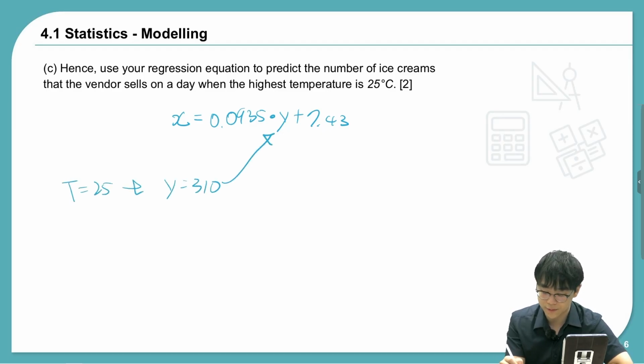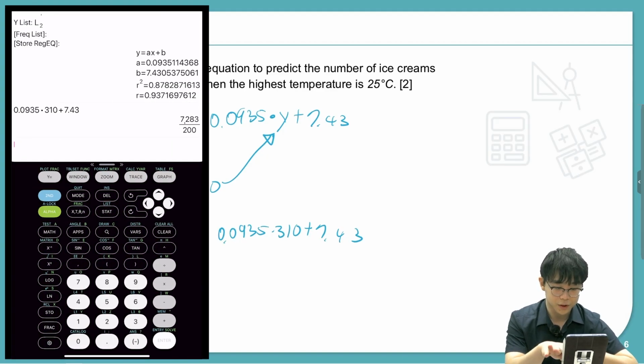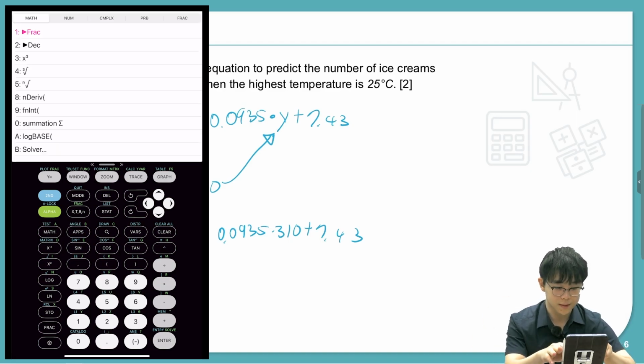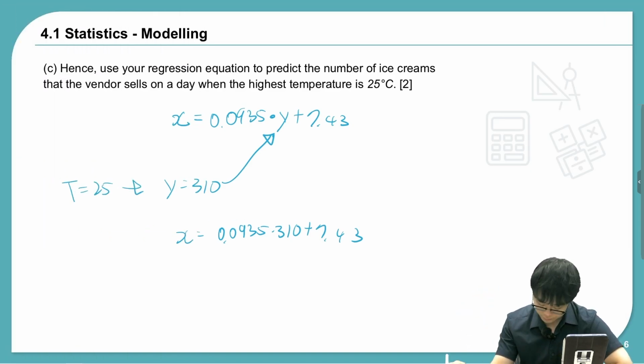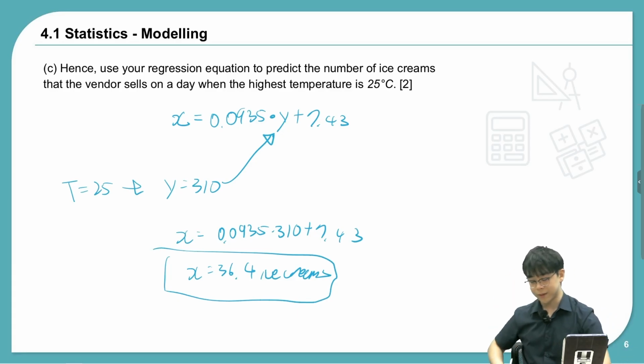So we just put this value into y. x would be 0.0935 times 310 plus 7.43. That should give you, in decimals, 36.415, or 36.4 ice creams. So the vendor can predict around 36.4 ice creams to be sold at this temperature.